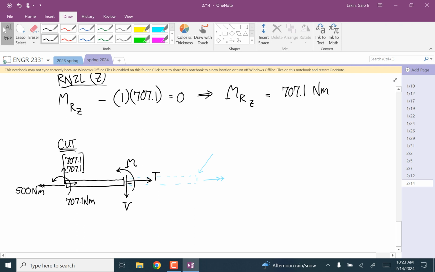And then another couple that I'm going to call the torque, fancy T. Be sure to make it fancy or you'll mix it up with tension. Okay?